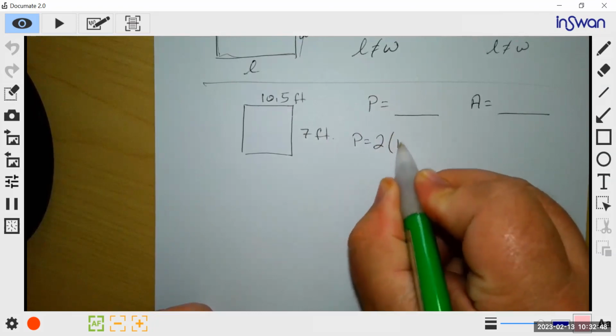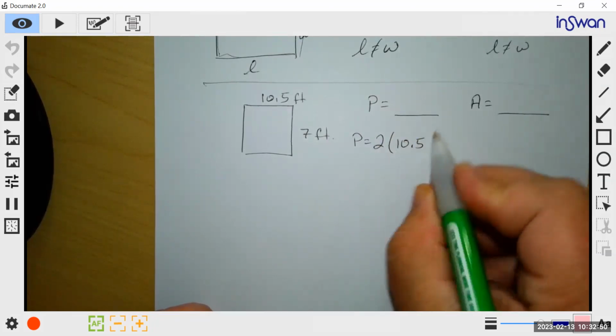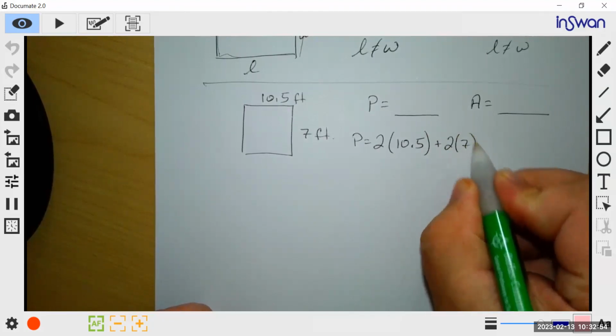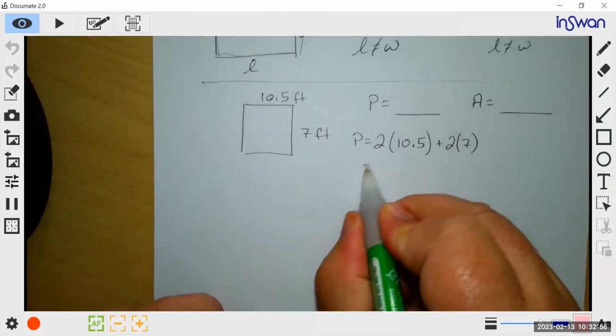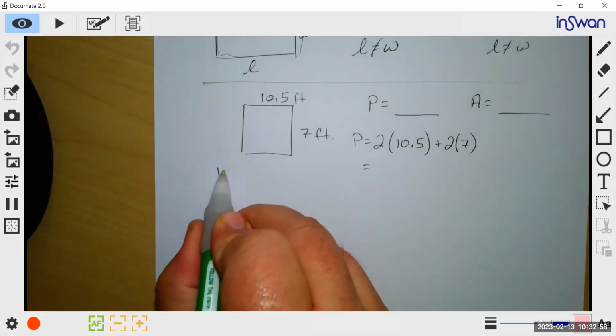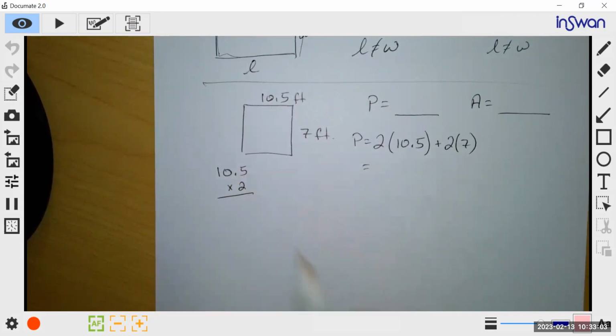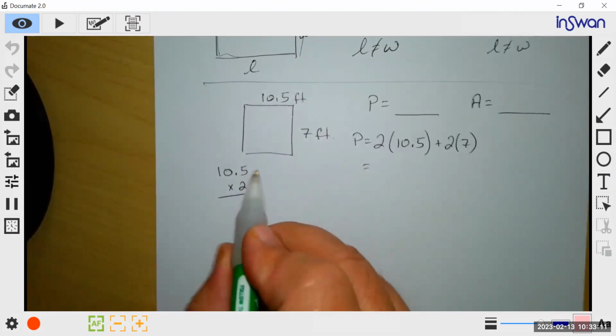So it's 2 times 10.5 plus 2 times 7. Whenever you multiply decimals, first thing you want to do, get rid of the decimal.